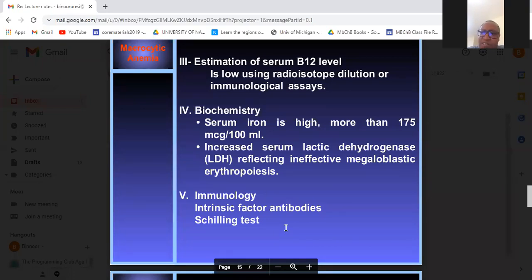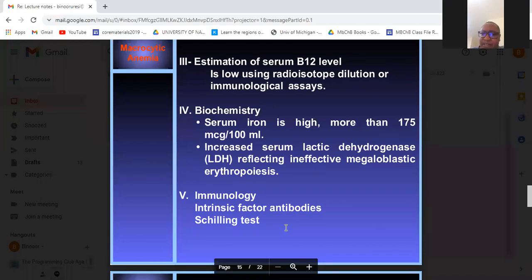In immunology, you do intrinsic factor antibodies if you suspect antibodies against intrinsic factor. You do the Schilling test to confirm a lack of absorption of B12 due to intrinsic factor deficiency.